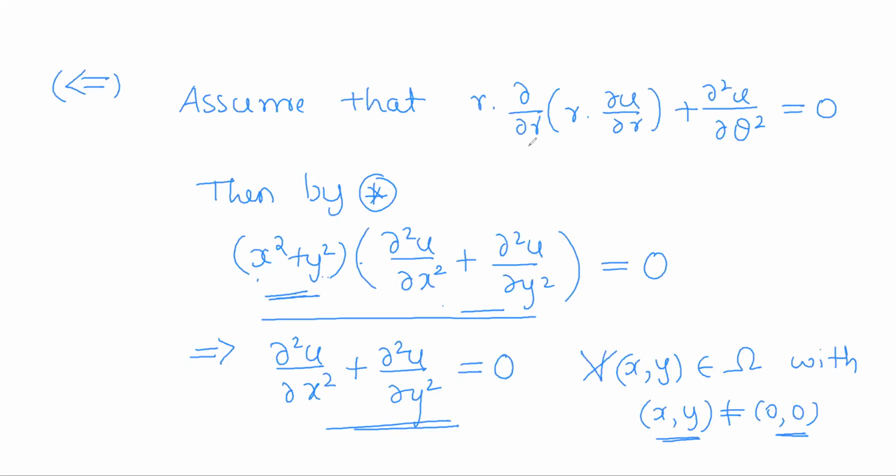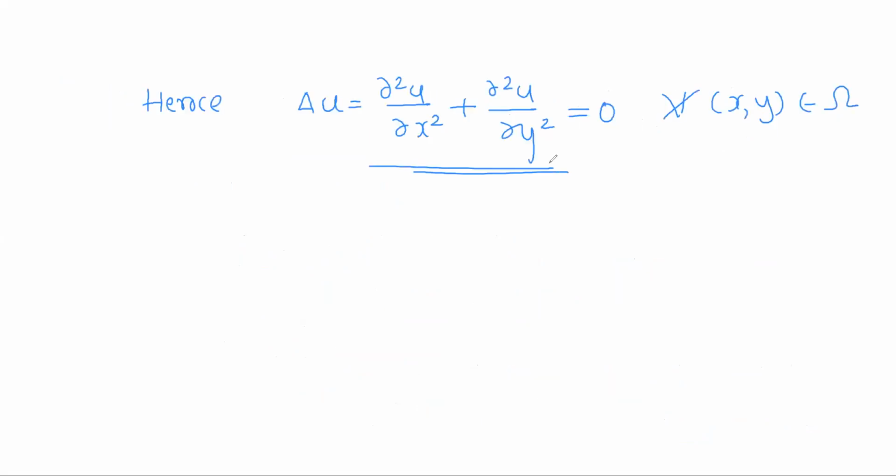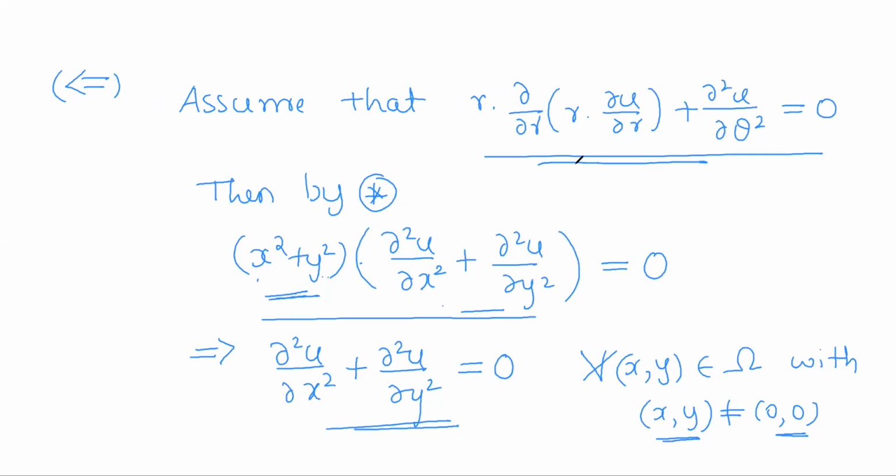So assuming the given equation r ∂/∂r (r ∂u/∂r) + ∂²u/∂θ² = 0, we proved that the Laplace equation holds. This if and only if condition proves that the Laplace equation in Cartesian form is equivalent to this condition.